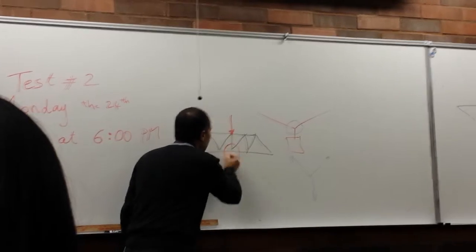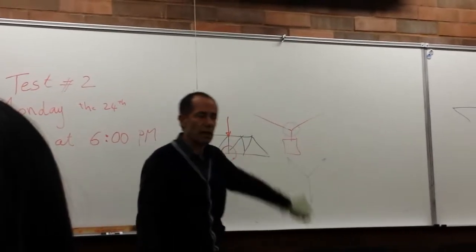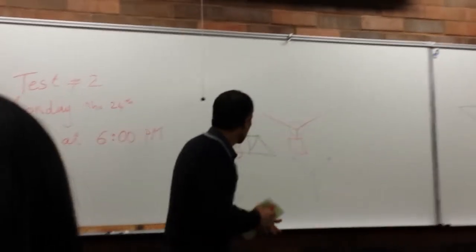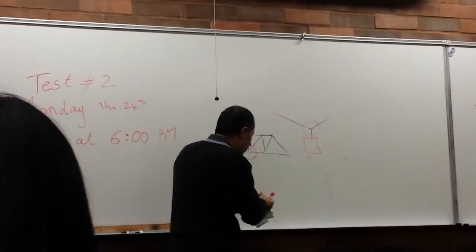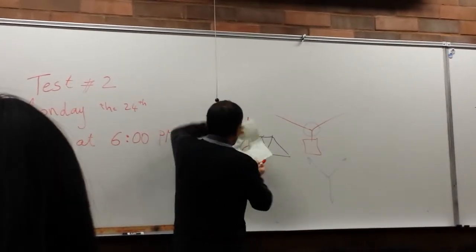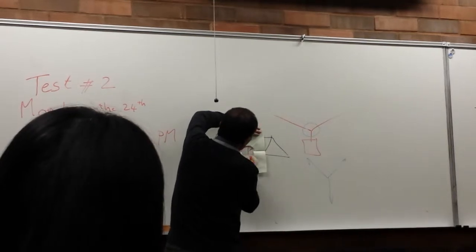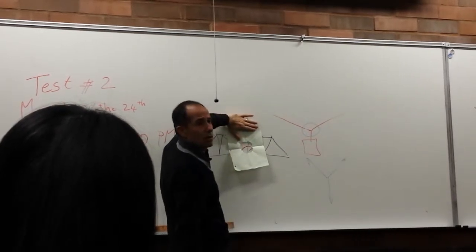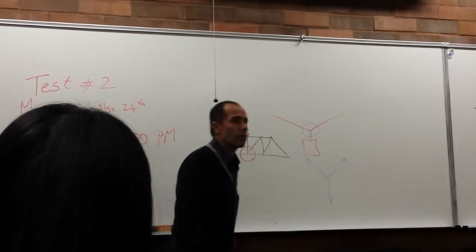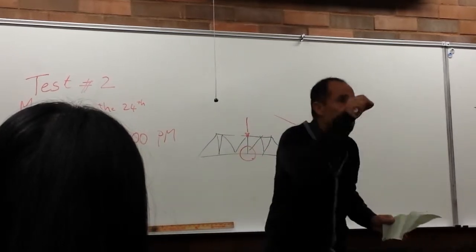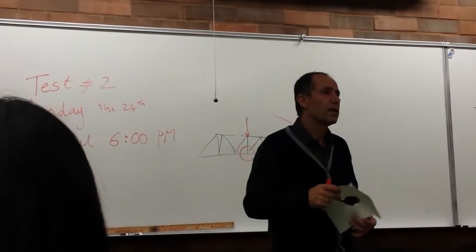I am isolating this joint and the student is looking at the force there. So I tell you, guys, just make a paper like this. I don't want to see anything more than what is in this hole. I don't care about the force, where is the force? I'm caring about that intersection only. Okay?